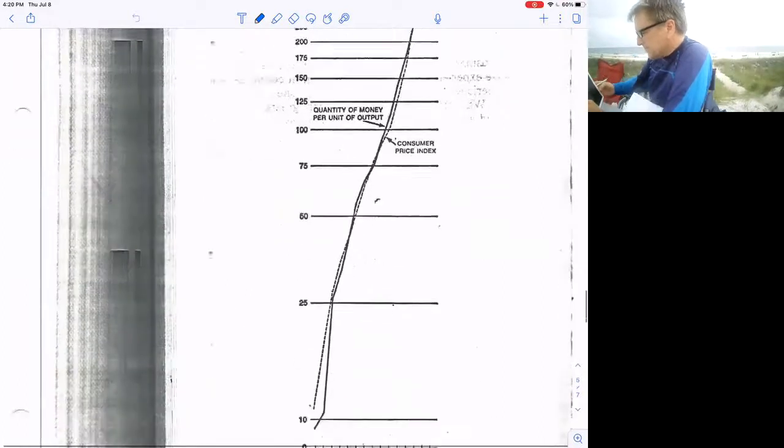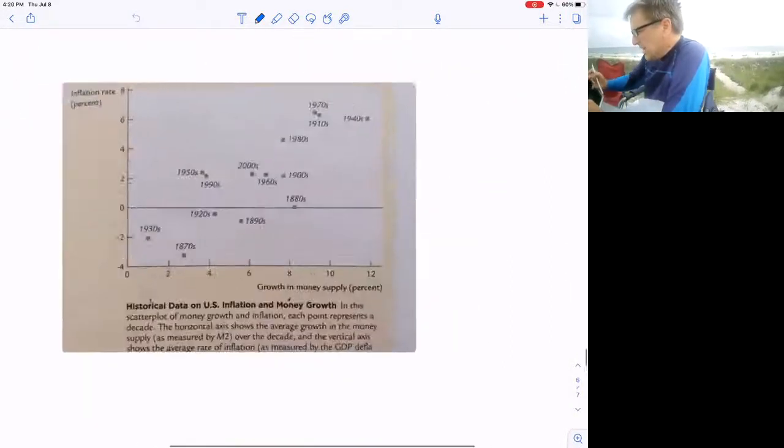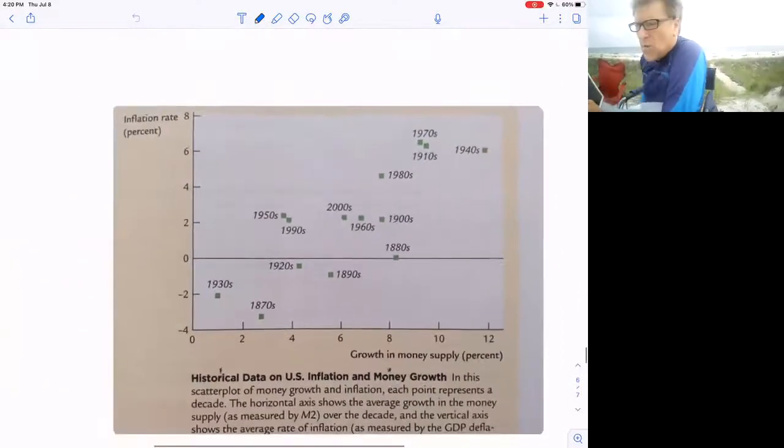Now, of course, just because two things are correlated doesn't mean one causes the other necessarily, but some work was done later showing, yeah, it is the amount of money that causes prices to go up, not the other way around. Now, lately, in the last 20 years or so, this relationship has broken down.